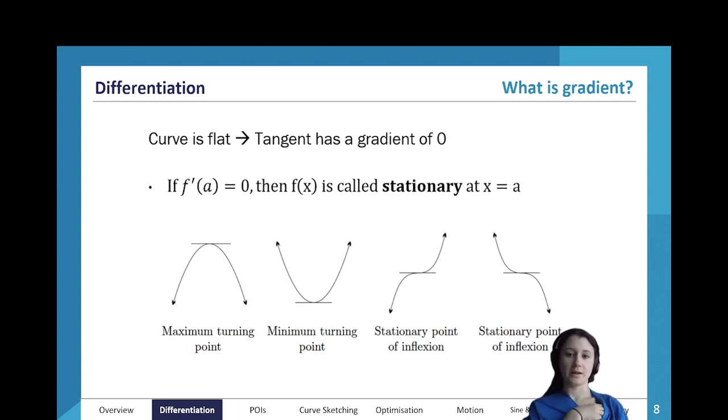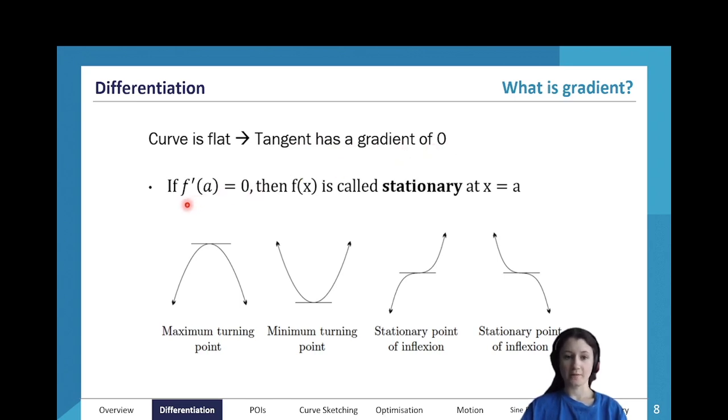Now let's hop into the turning points. If a curve is flat at a particular point, it means that the tangent has a gradient of 0.